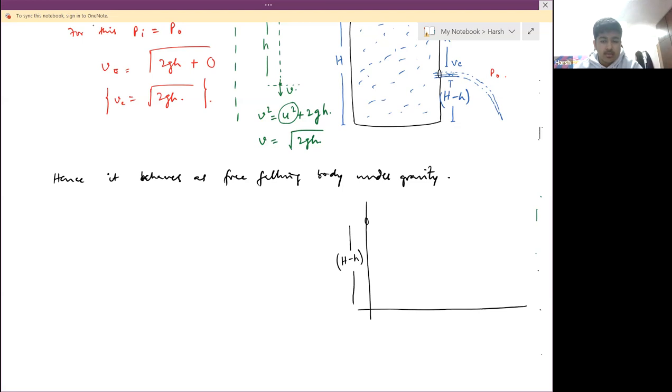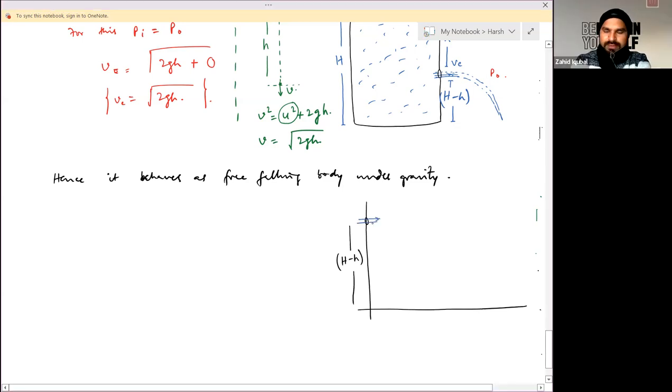And liquid is ejecting horizontally towards this direction at some velocity Ve. So it may follow this parabolic path to hit the ground at this point, which is similar to projectile motion, what we did in chapter 4. Is it clear? Yes, sir. So this is velocity of efflux. This is total horizontal distance traveled along x-axis, which will be termed as range.